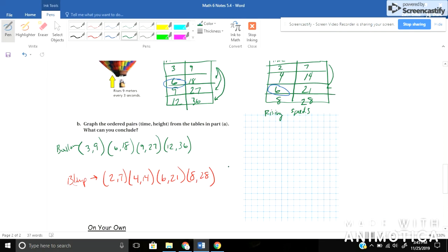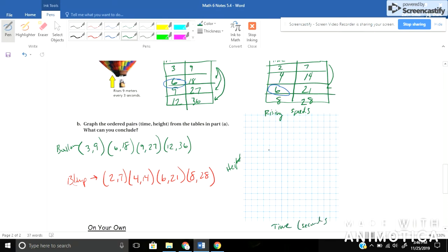On the side here, I'll put my height. It's usually a good representation when you're graphing height on the y-axis. And then on the bottom, as time goes by in seconds.